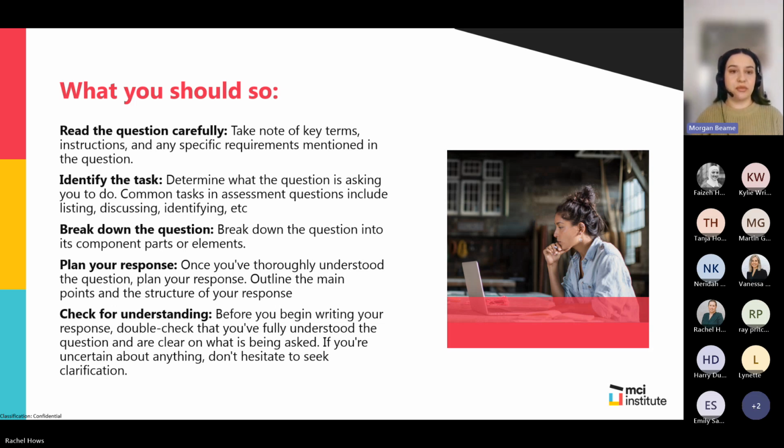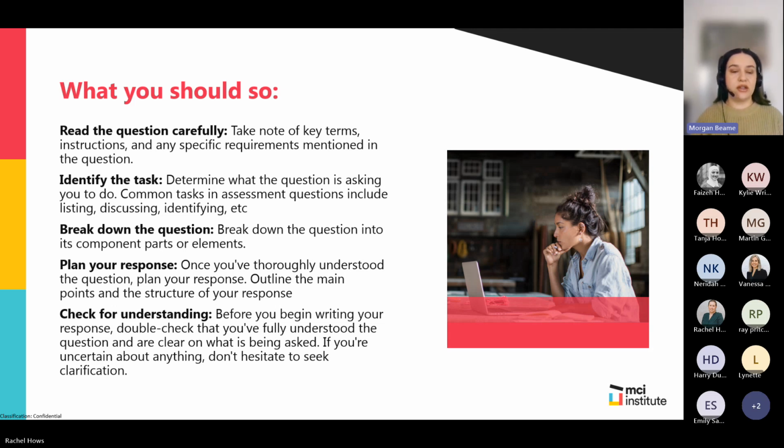It will help you formulate your response. Next is to break down the question into its components or elements. If it's an assessment that's asking for a few different things, break it down into those different parts and try and tackle each one at a time. Next, plan your response. Once you understood the question, you can plan your response, outline the main points and the structure.